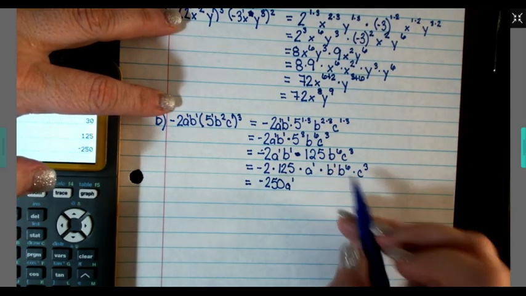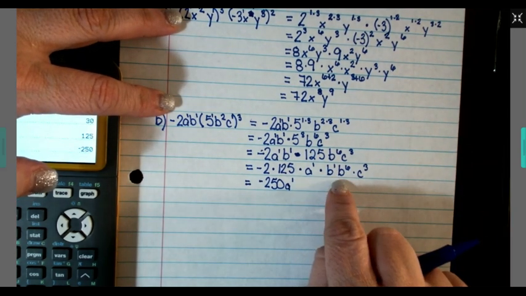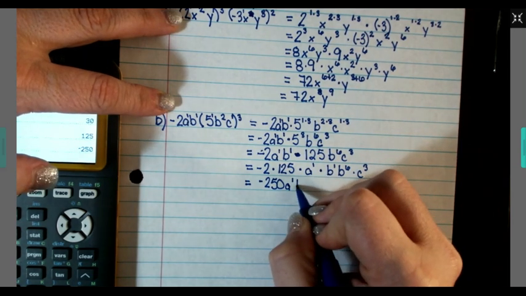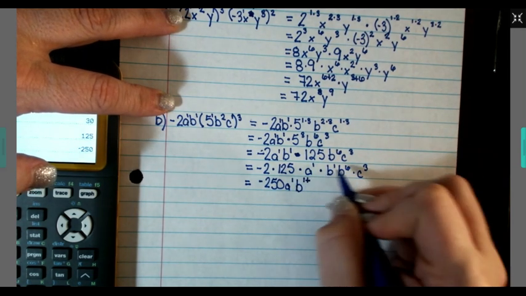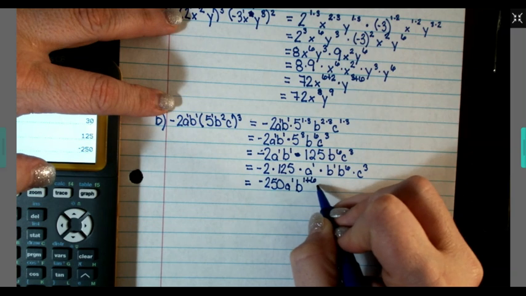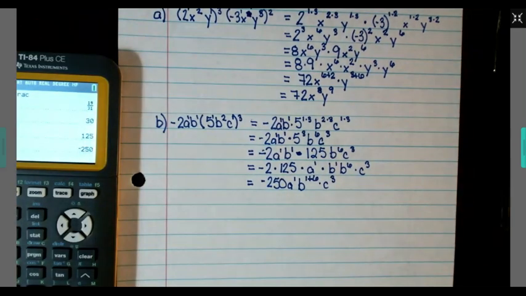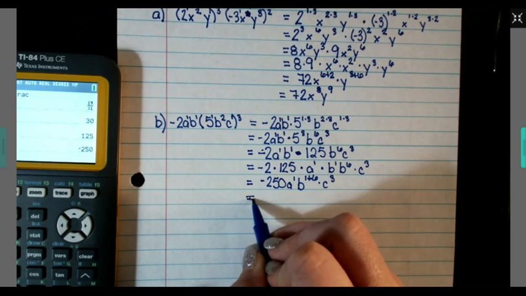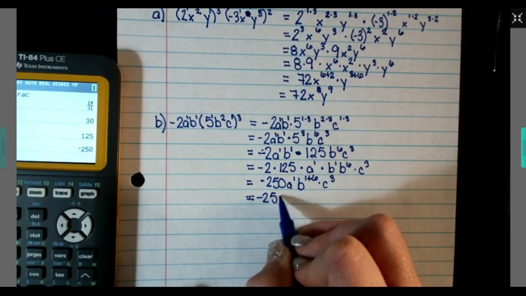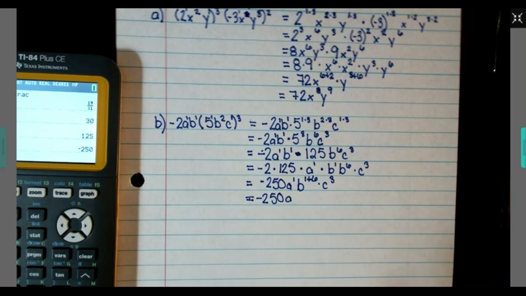But this base times a like base, we're going to add those exponents. 1 plus 6. And then we still got this c cubed that we're carrying along for a moment. Negative 250. Again, we're going to see that written as just a.